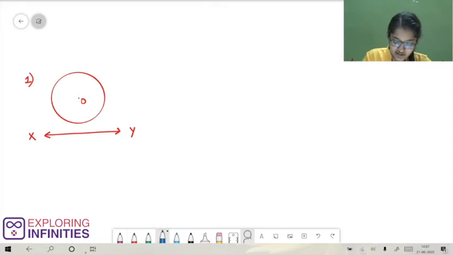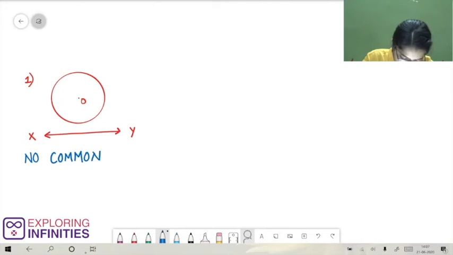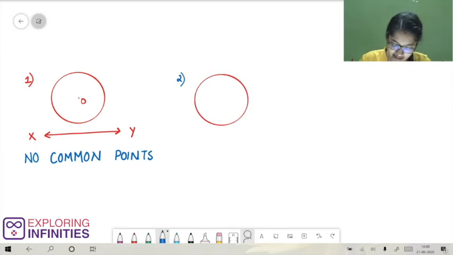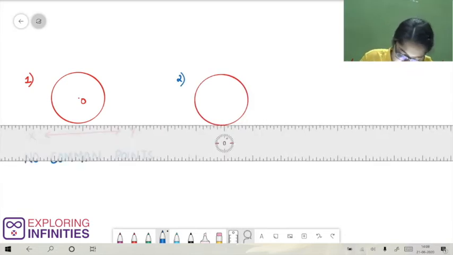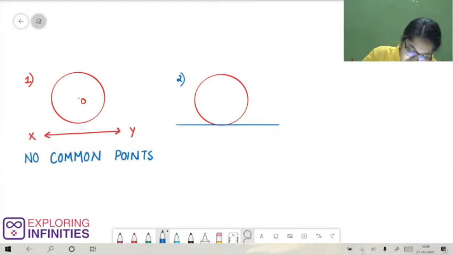So here there is no particular kind of a relationship between the circle and the line. No common points.